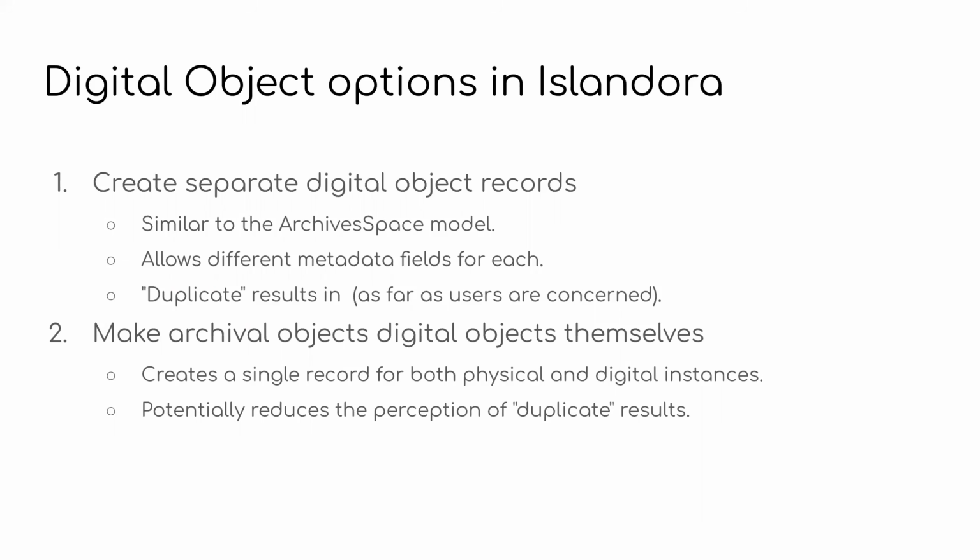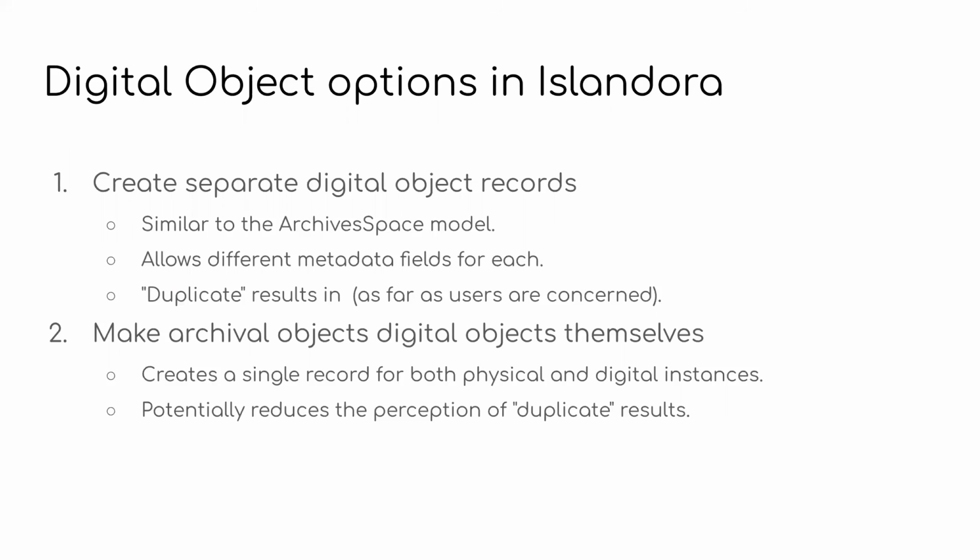Imagine if you moved those file instances directly onto the archival object. That's kind of what we're thinking about right here. We have a single descriptive record and you have those file instances rather than a digital object instance. And this would create a single page for both the physical object and the digital instances, potentially reduces the perception of duplicate results.